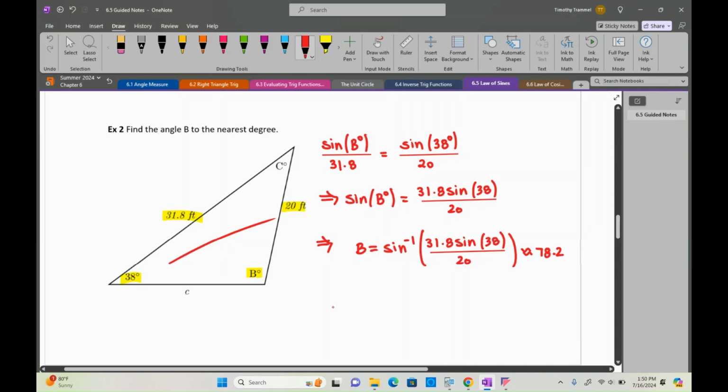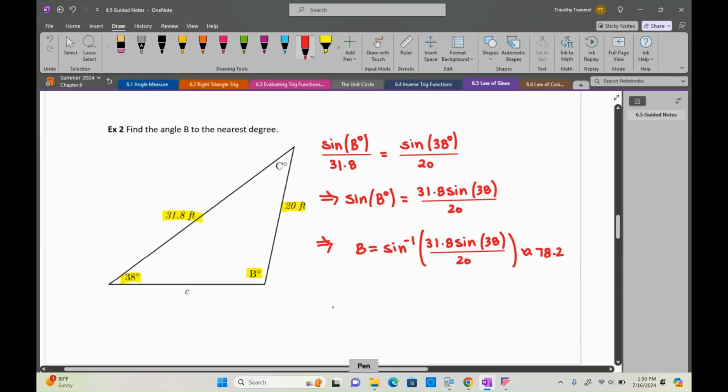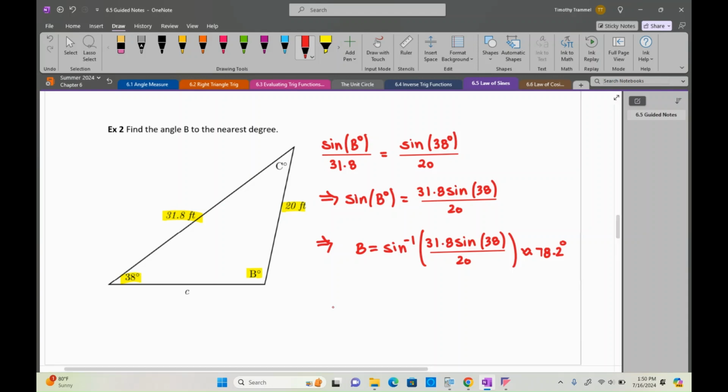Okay, so there's a reason that we needed to think about the fact that angle B was bigger than 90 degrees. When we actually go and solve for B here, we get something that's less than 90 degrees. So this right here is not actually the angle B that we're looking for.